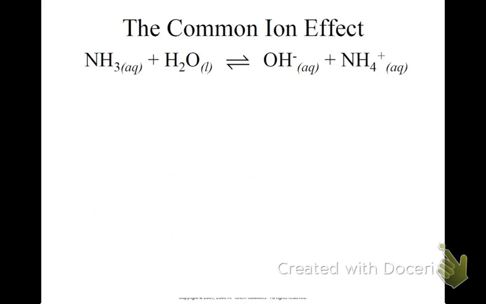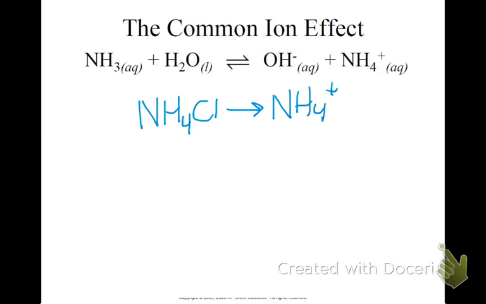Right, same general idea. This is a basic system, though. So we have ammonia and water, which produces hydroxide and ammonium, and those hydroxides make this system a basic system. So if we take a salt like ammonium chloride, NH4Cl, and it experiences 100% dissociation as long as it's unsaturated, that's going to generate NH4+ and Cl minus inside of the solution.